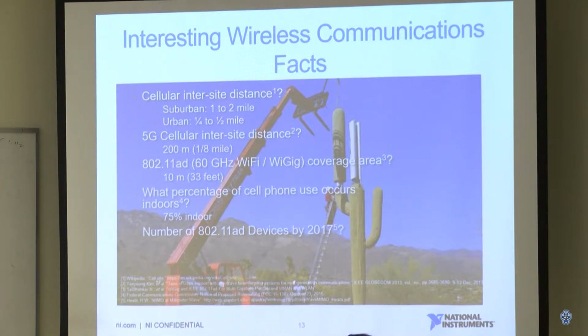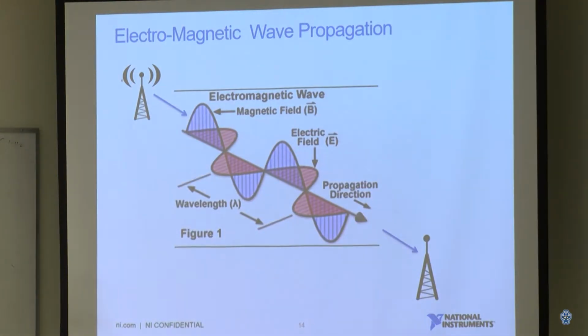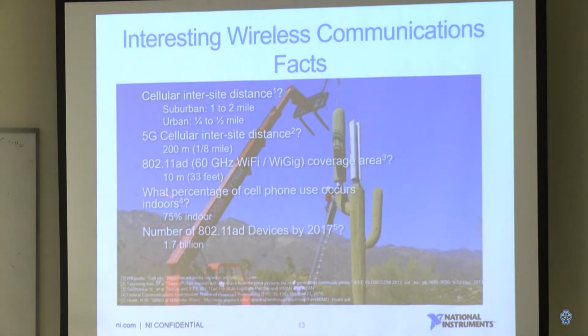Based on statistical analysis, by 2017 the number of 802.11ad devices used will be 1.7 billion. So WiGig is a really good area, and people try to put a lot of money into investigating it. Back to this slide, why is it only 10 meters?